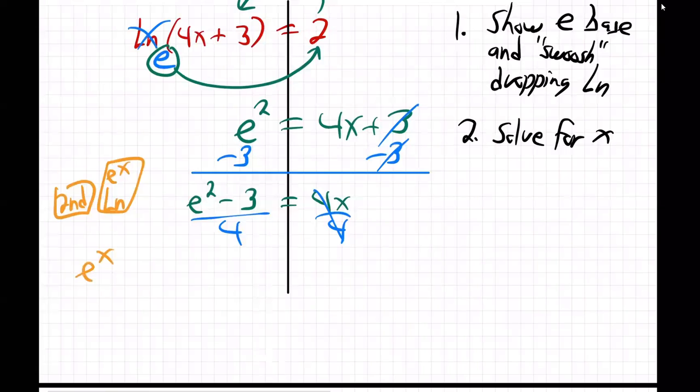E to the whatever will appear on your screen, and then you put in a 2, right? Because you've got to make it e to the second power, and then subtract your 3. And now here's an important trick that really gets people. You've got to hit equals before you divide by 4.